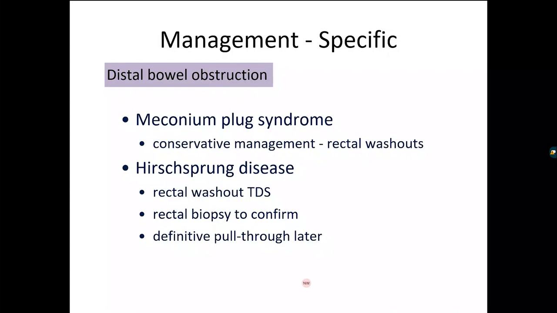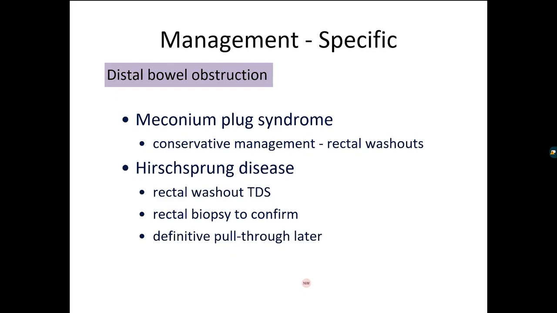And then we plan for the definitive surgery, which is called a pull-through operation, where we remove the segment of intestine affected by Hirschsprung disease and pull through the normal intestine or the colon and anastomose it or connect it to the anal canal. So that is how we manage Hirschsprung disease.